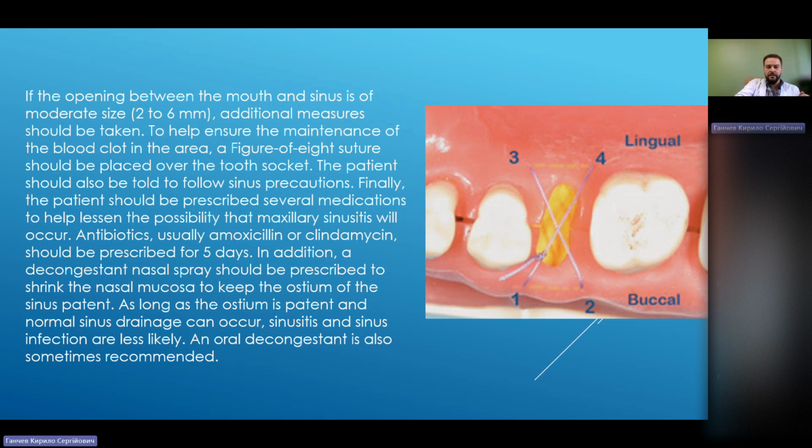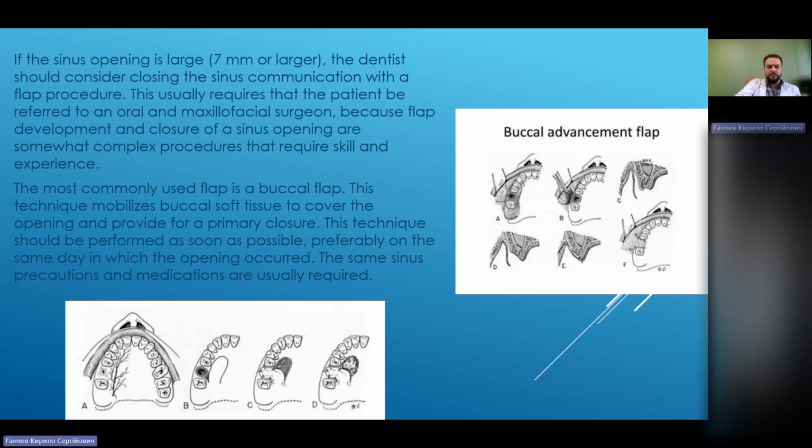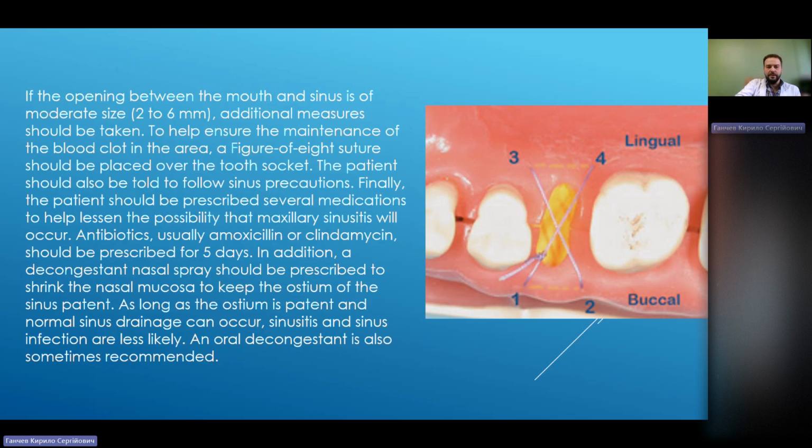In addition, a decongestant nasal spray should be prescribed to shrink the nasal mucosa to keep the ostium of the sinus patent. As long as the ostium is patent and normal sinus drainage can occur, sinusitis and sinus infection are less likely. An oral decongestant is also sometimes recommended.